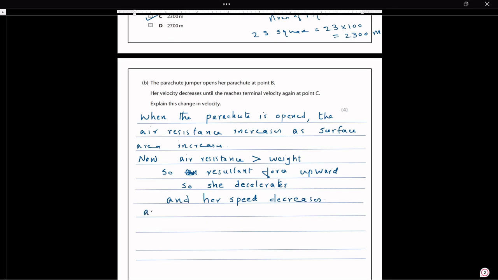Next part, as speed decreases, air resistance decreases. Air resistance always depends on speed. When speed is more, air resistance is more. As speed decreases, air resistance decreases. If the speed increases, air resistance increases.